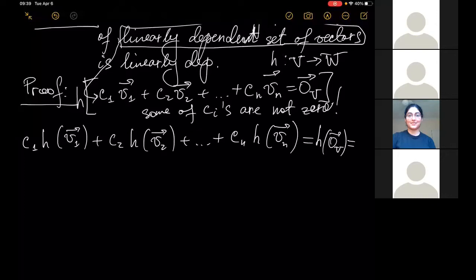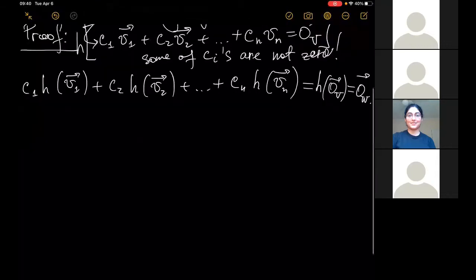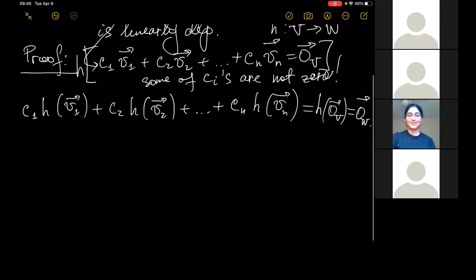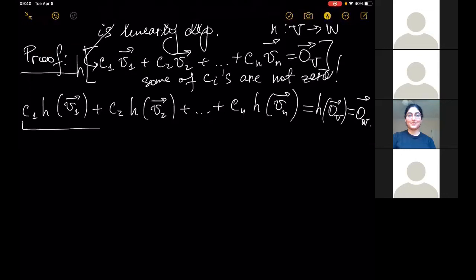Zero, the zero vector again. So as a result, we got that a linear combination of these vectors, which are all images of the vectors of the original set, is equal to the zero vector.